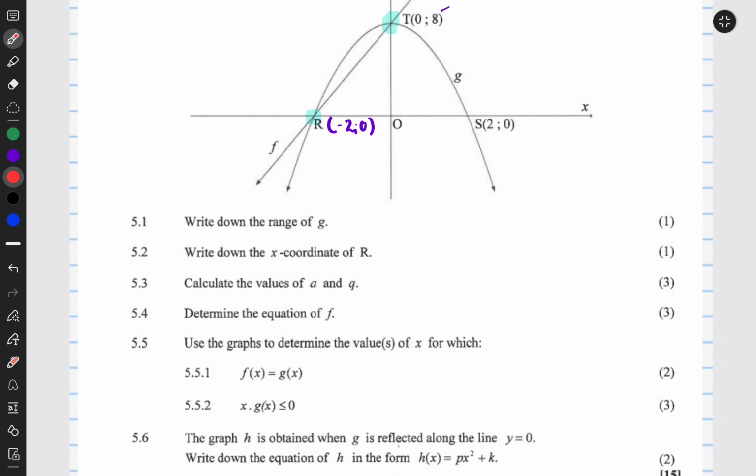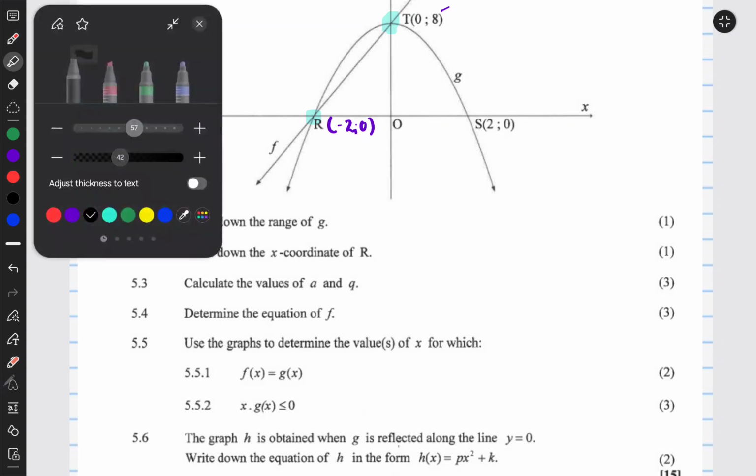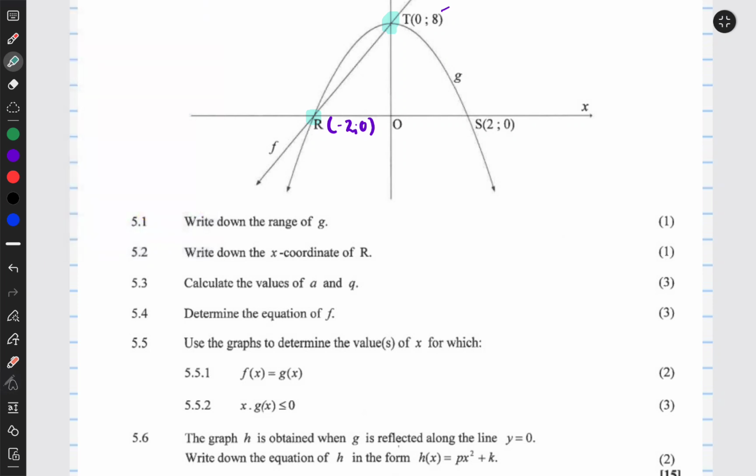So this is 5.2. So the values where the function of g at x is negative are from r going down here, and then from s going down there.